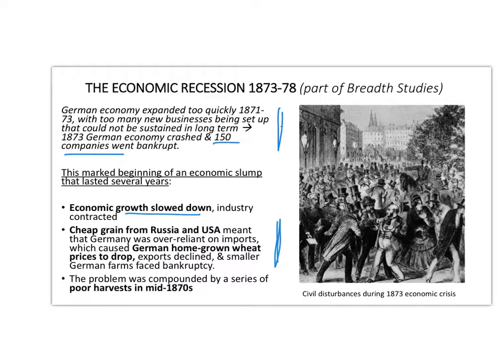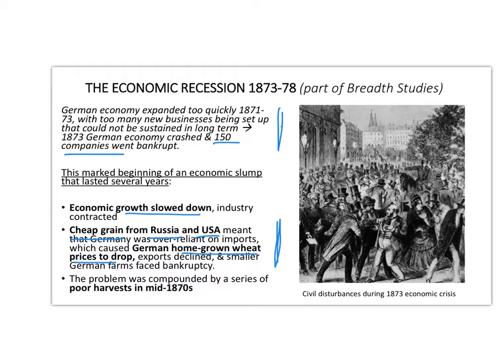And that was good for the German consumers, ordinary people, because it meant that grain, in particular wheat from Russia and the USA, was very cheap. But that basically meant if you were a German farmer, to compete with the Russian and American grain, German farmers had to drop the prices of their own wheat.